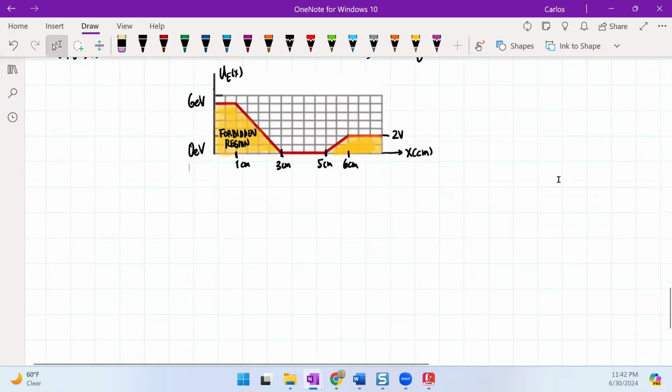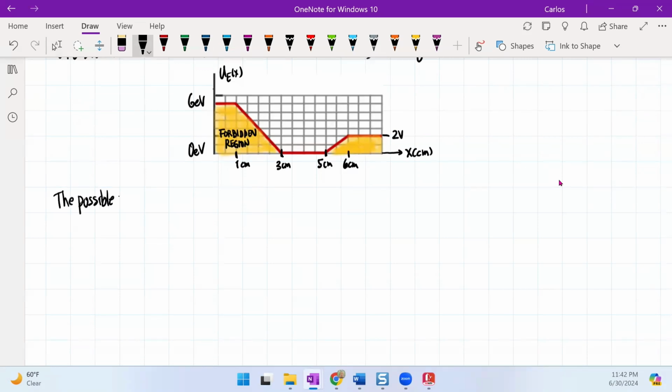So what are the possible motions when a test charge is placed where?